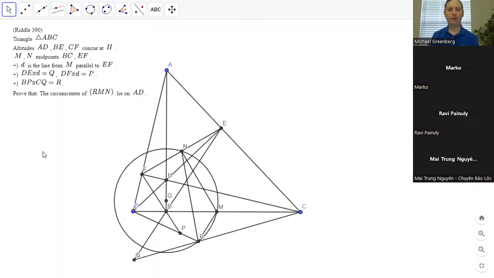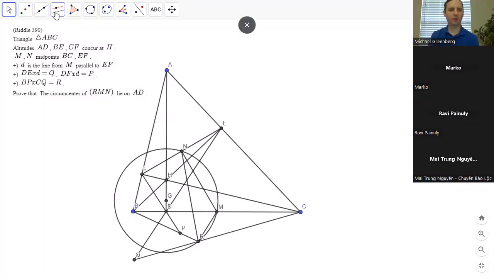So M and N are easy points to understand, but R is a little bit trickier. I forgot to draw something. So DF intersects... Oh, I forgot to draw that parallel line.